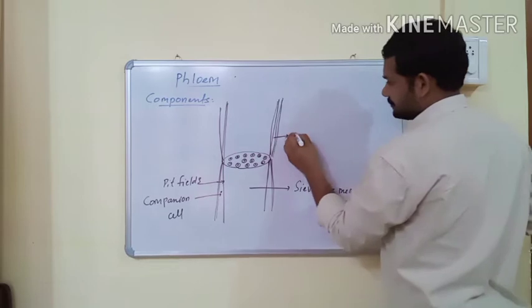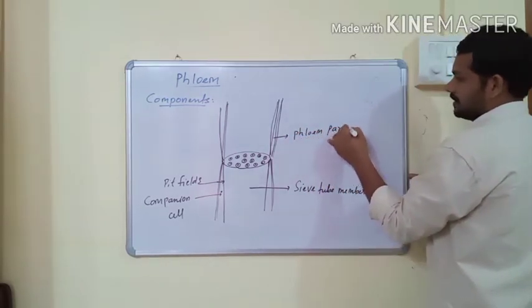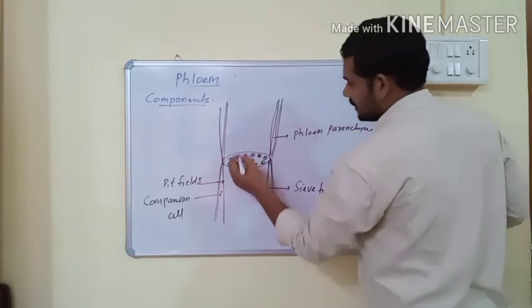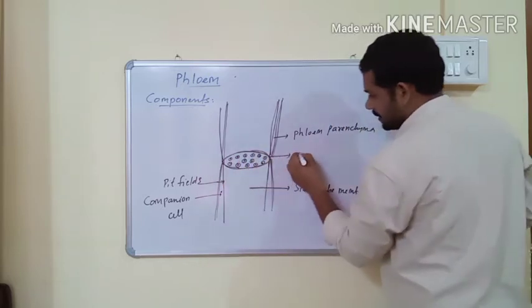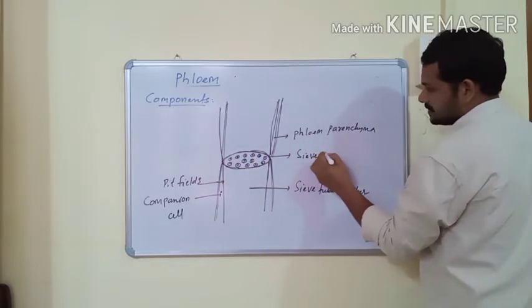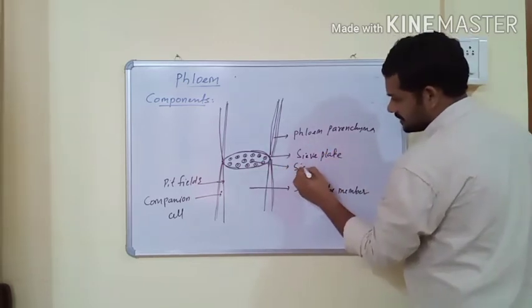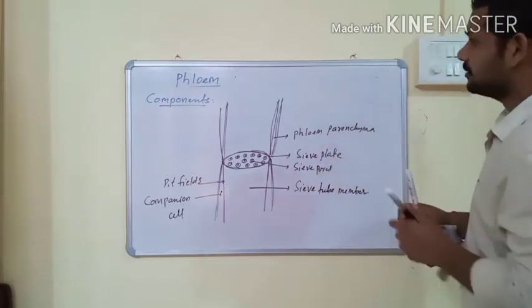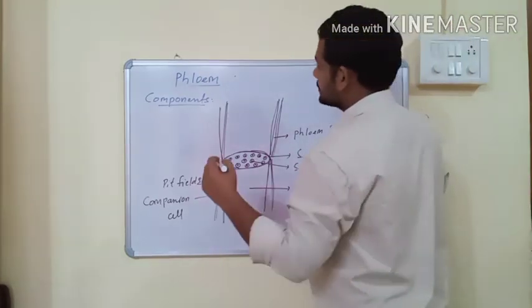And this is phloem parenchyma, and this is phloem fiber, and this structure is the sieve plate. Sieve plate has many sieve pores.